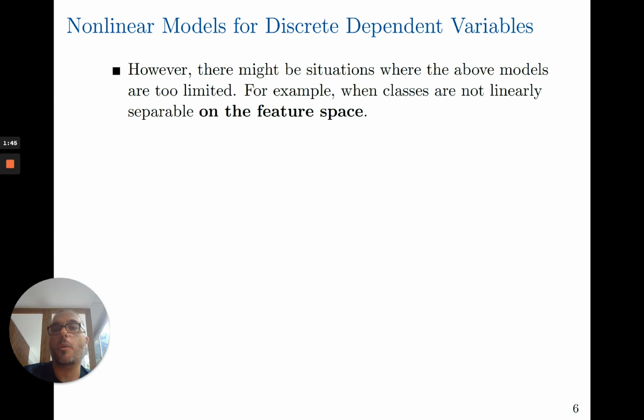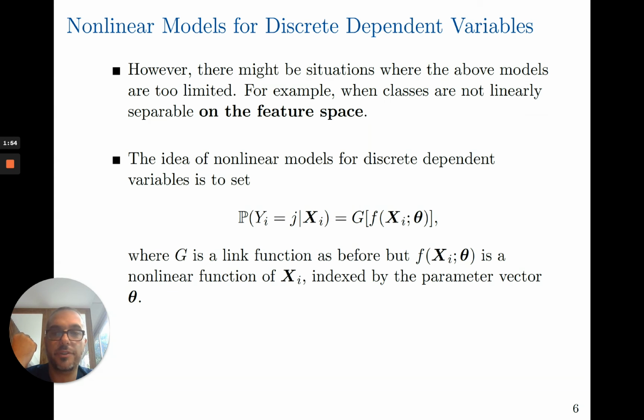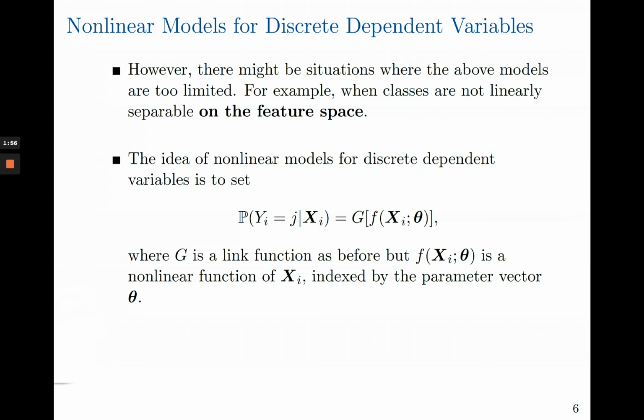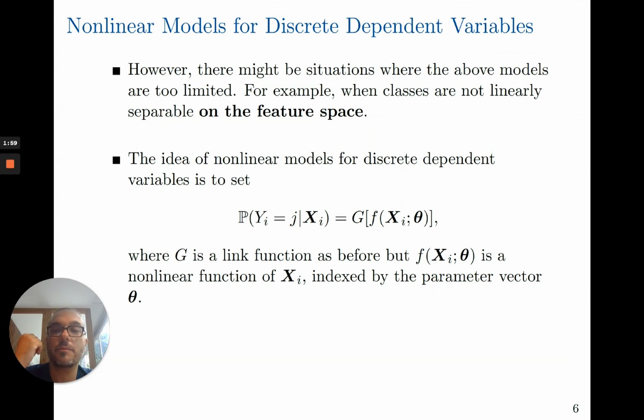However, in most situations, especially if we move to high dimensions, the classes are not linearly separable on the feature space. So we need to use a more complex model.